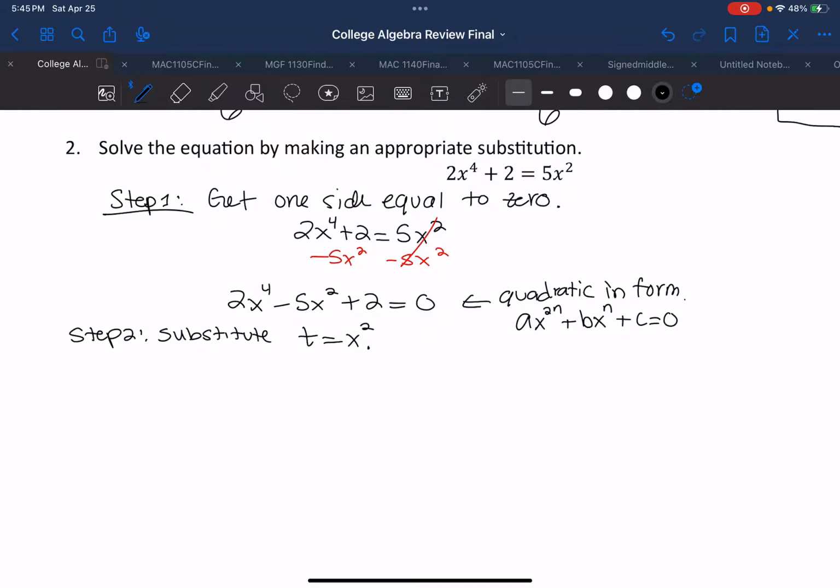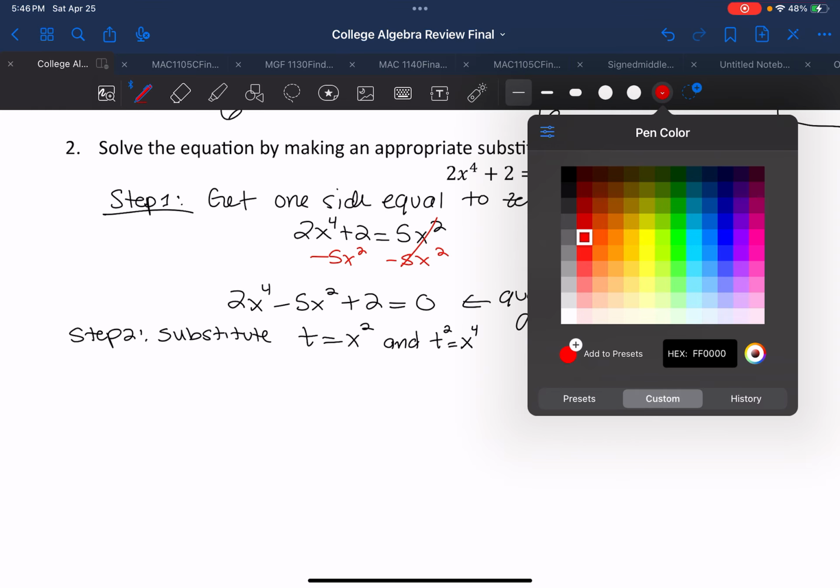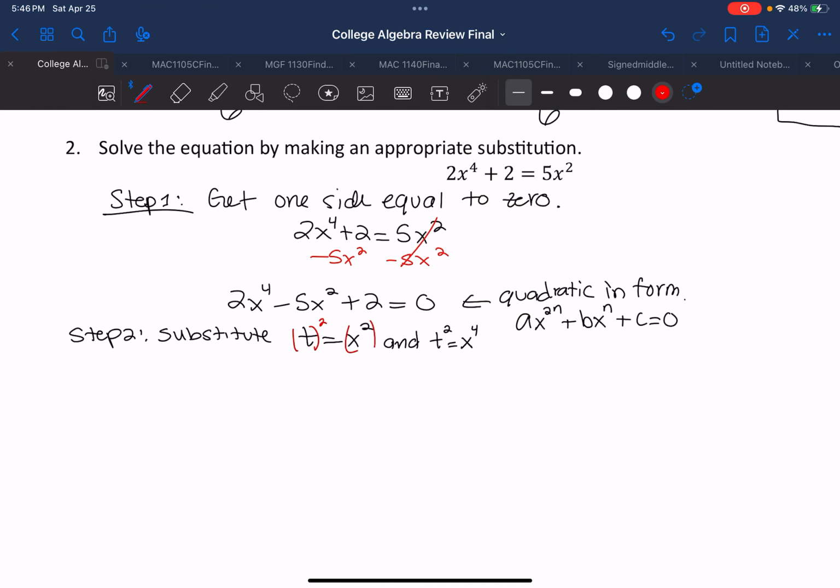And if t is equal to x squared, then t squared would be equal to x to the fourth, because if I square both of these, x squared to the power of 2 is x to the fourth.